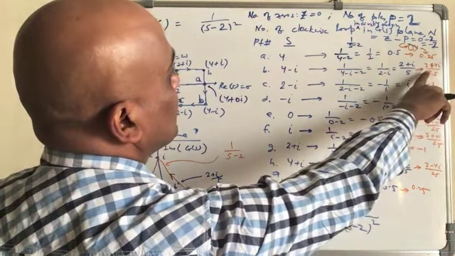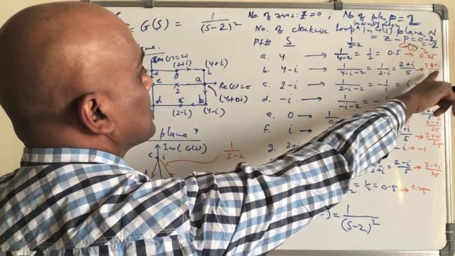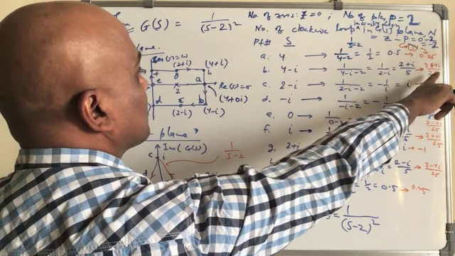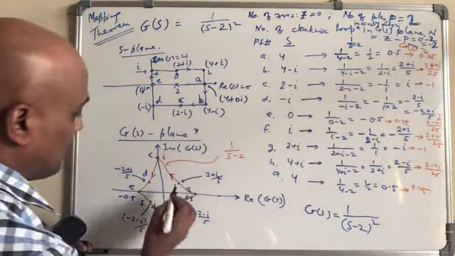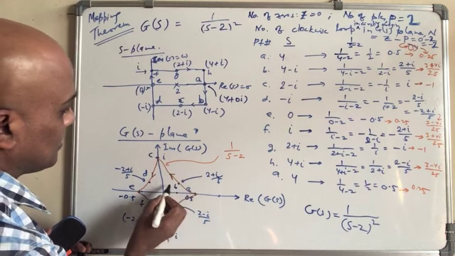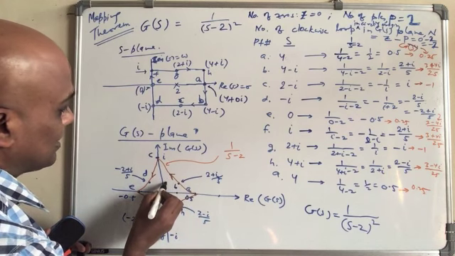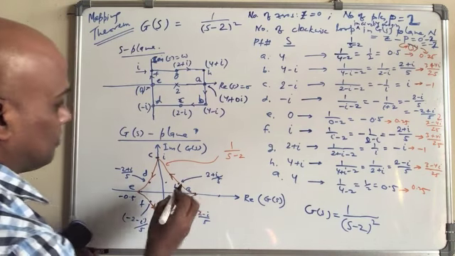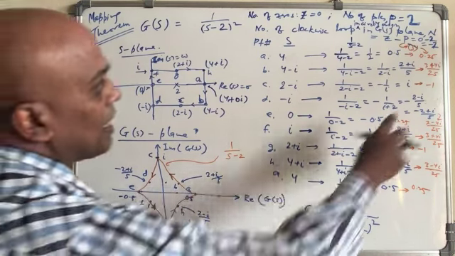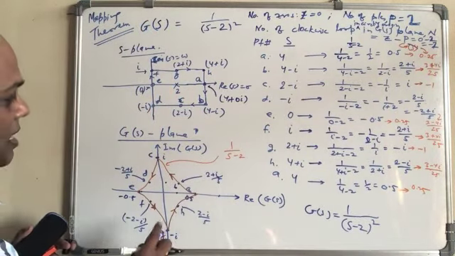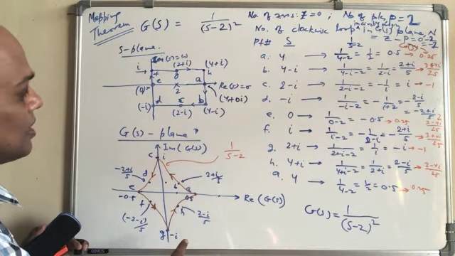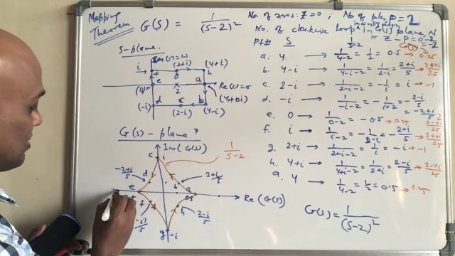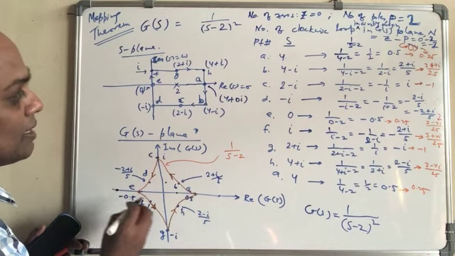Then we have 3 over 25 and 4 plus, so we'll have something, let us say it's here like this. Now we have i squared minus 1, so minus 1, 0.5, so we have something like here.